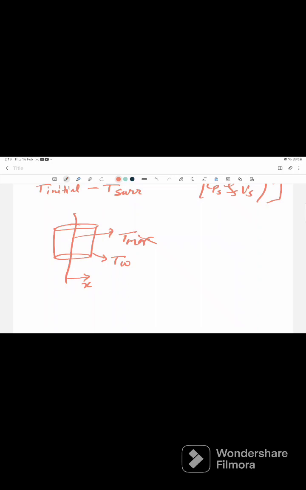Let's consider heat generation taking place inside a cylinder in the form of watt per meter cube. So T max is defined as Q R square by 4K plus T wall.